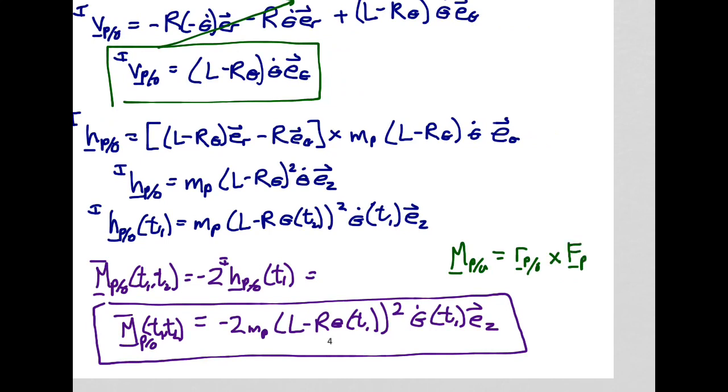Now that force ideally would be perpendicular to the lever arm, r of P with respect to O. However, that's not always how you apply it. You can apply it out, which would tighten the string. You can apply it in, which would loosen the string, and so forth. But this should give you an idea about how you would make that calculation and apply that condition to change that state by changing the angular momentum.